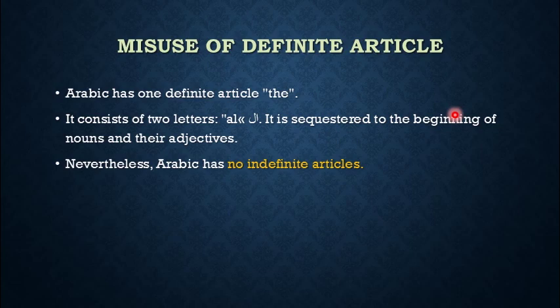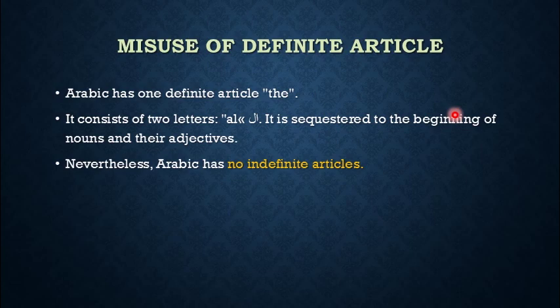This means that we wouldn't have an equivalent to the indefinite article found in English, because in English we have two types of articles: the definite article, which is the, and the indefinite article, which is a or an. So the indefinite is not existent in Arabic.